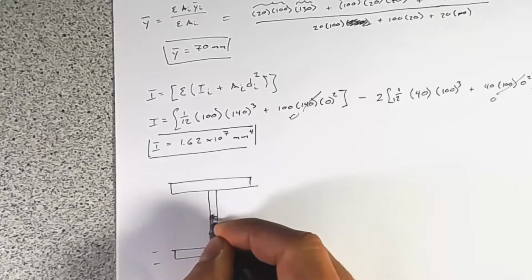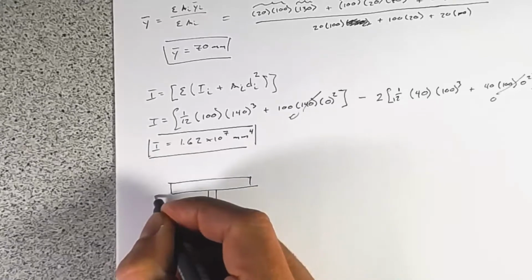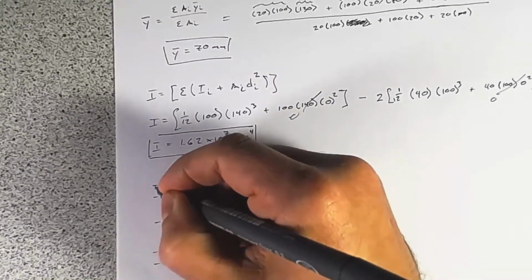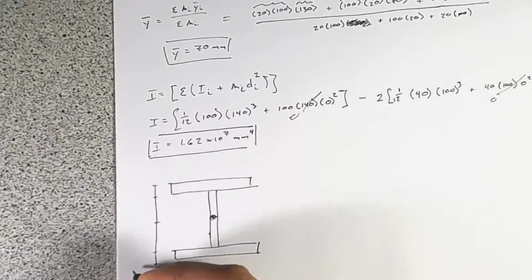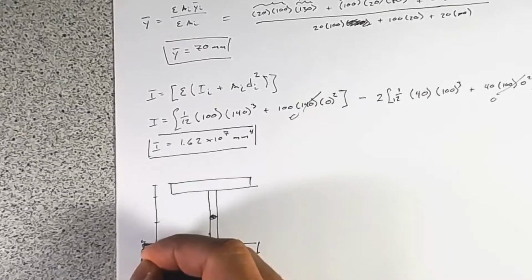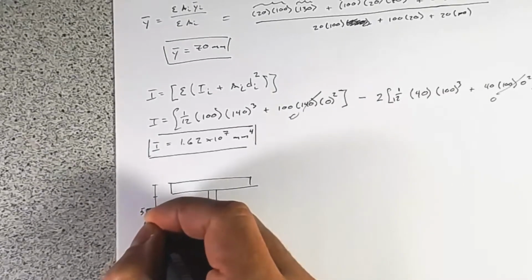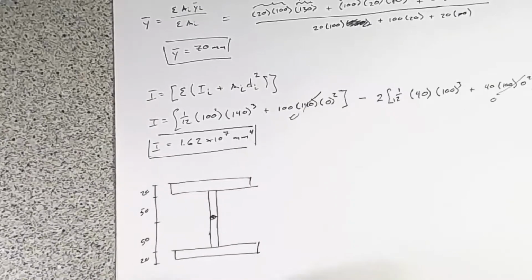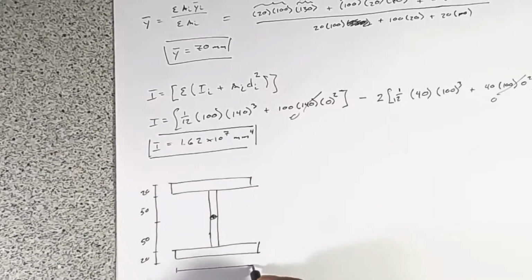So the centroid is right there at 70 millimeters up from the base. So that's 20, that's 50, 50, 20, and it's 100 millimeters wide.